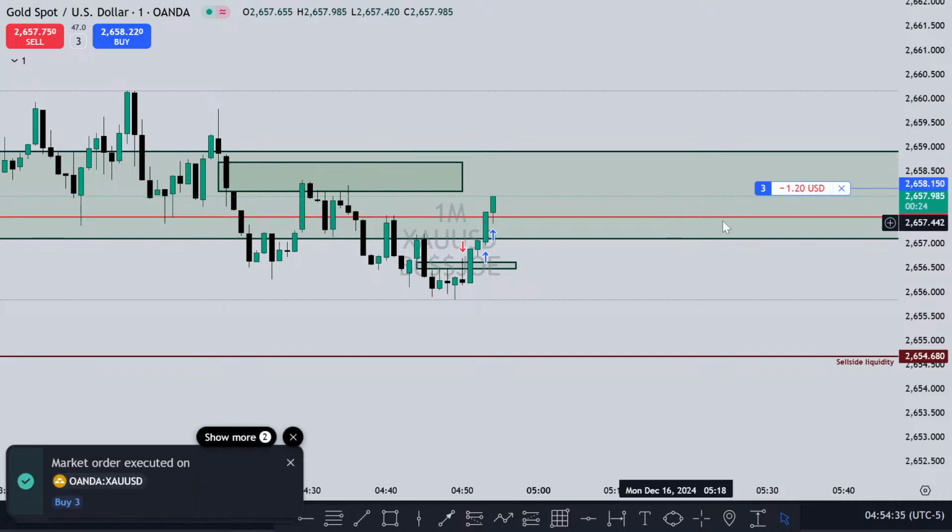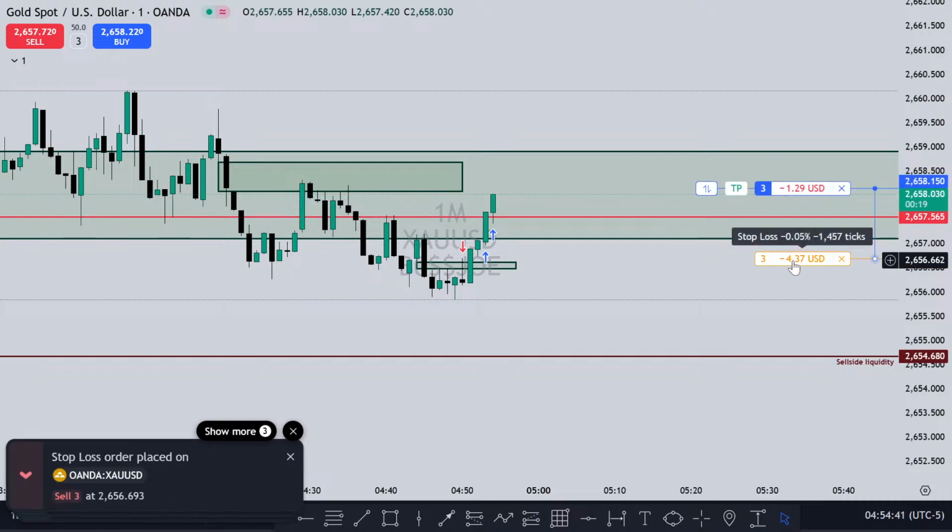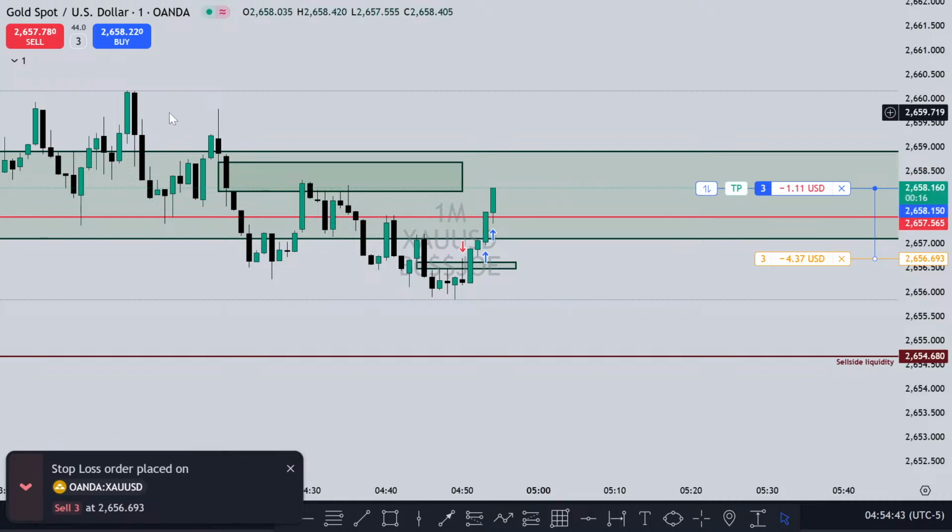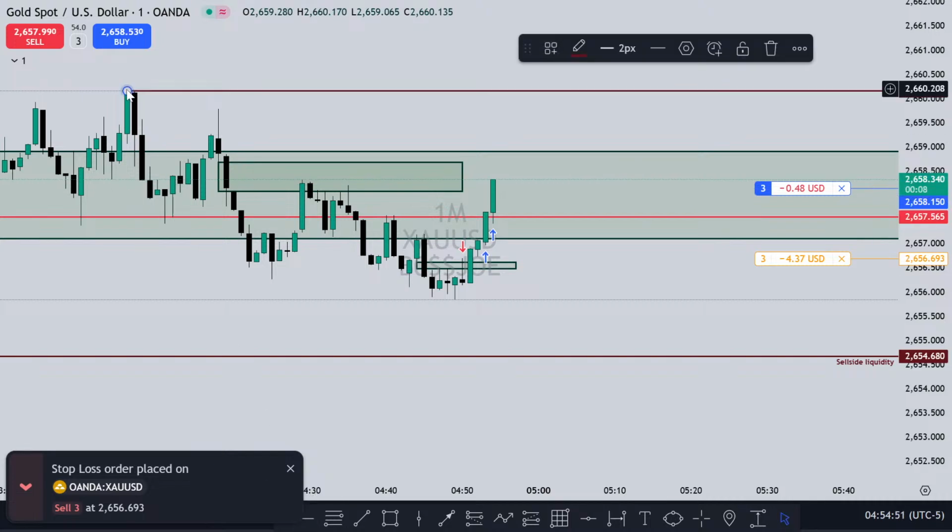Then what am I looking at? I want to mitigate that loss, minus $4. You see these highs. These highs as well.